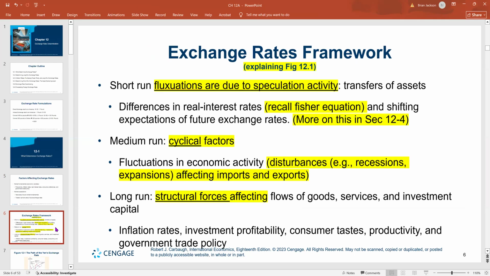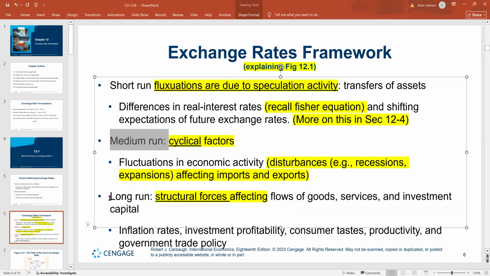So there are short run determinants, if you will, of exchange rates, and medium run and long run determinants or factors that determine the exchange rate. So these all work together so that on any particular day, the exchange rate between two currencies will be a certain ratio. Okay, so we had $1.50 per pound, $1.50 equals 1 pound.